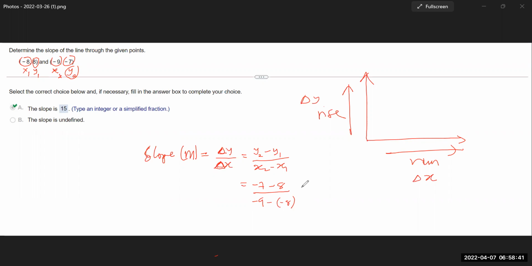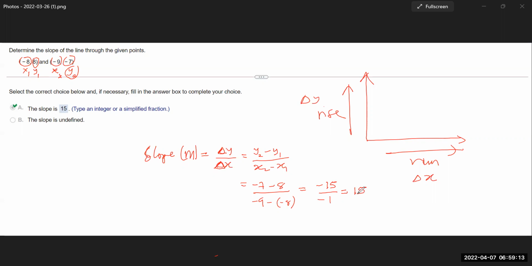Now -7 minus 8 will give you -15. And then -9 minus -8, that is going to be positive, so -9 plus 8 gives you what? -1. Now negative divided by negative gives you a positive 15.